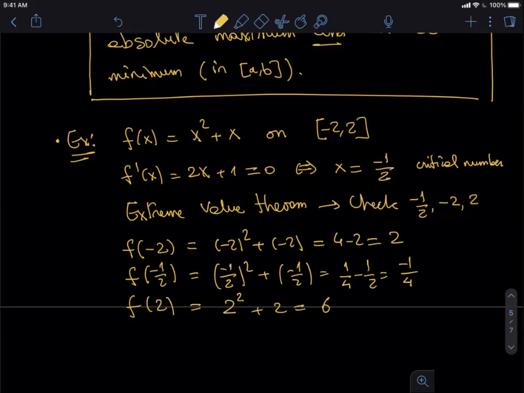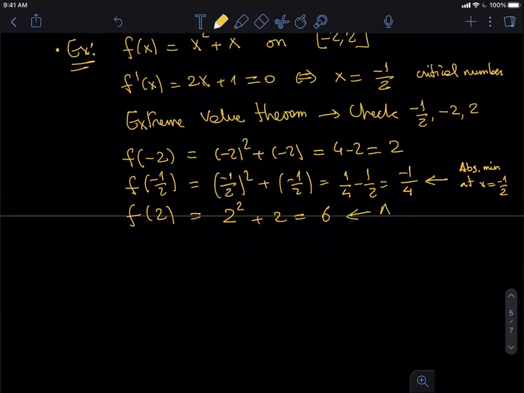So when we look at these values, we see that the absolute minimum will happen at x equals negative 1/2, and the absolute maximum will happen at x equals 2. The minimum value of the function f will be negative 1/4, and the maximum value will be 6.